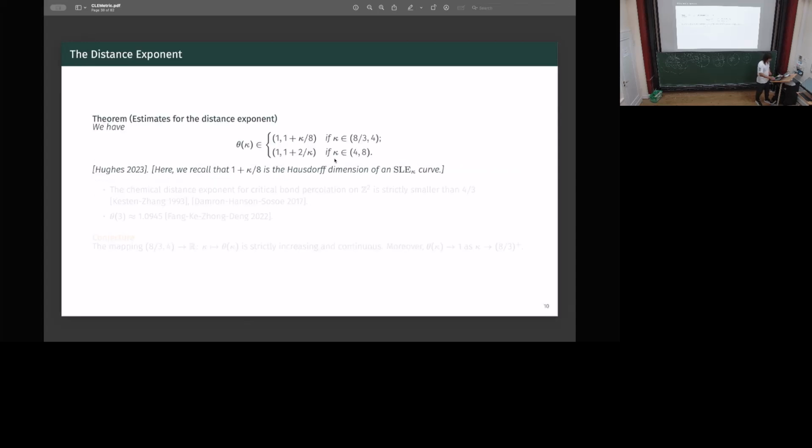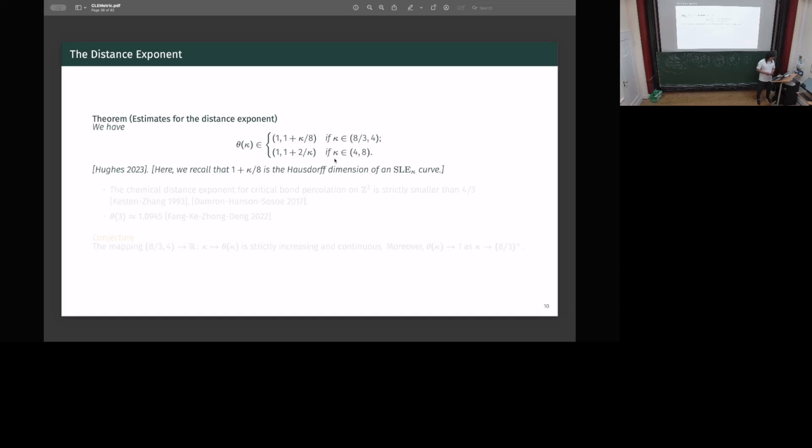And so now I want to discuss this distance exponent because it is also a very important constant that is studied a lot in physics. So first, in this talk, we only consider kappa between 8/3 and 4, but there's also a version between 4 and 8. I will also mention this later. And for both these cases, we have the estimates.